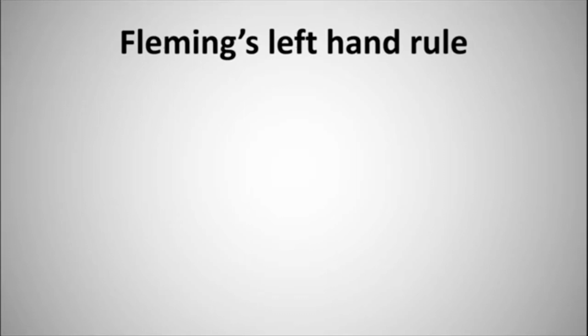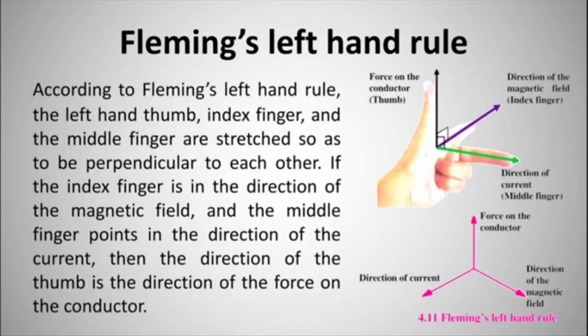This rule is called Fleming's left hand rule. Take a look at figure 4.11 and stretch your thumb, index finger and middle finger of your left hand to understand this rule.